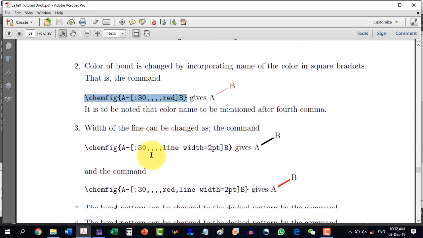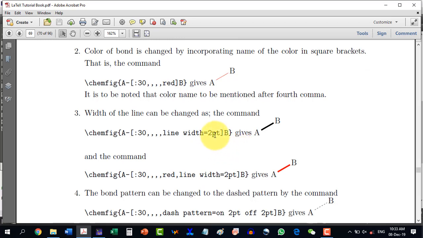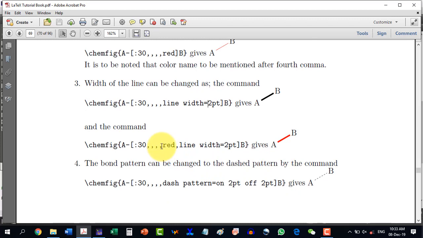Similarly, the width of the bond can also be increased. As here, after 4 commas, I will have to write the line width. So the line width is equal to 2 point. This one is by default 1 point and this is 2 points. And if I want to change the color as well as the width of it, then after 4 commas I will write red, then comma, and line width equal to 2 point.